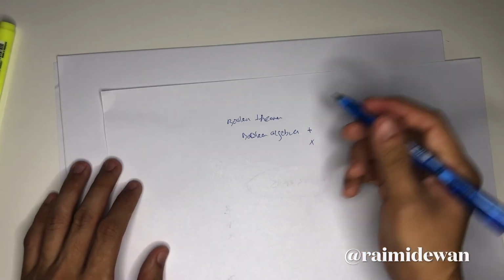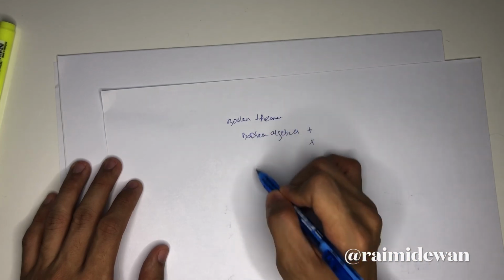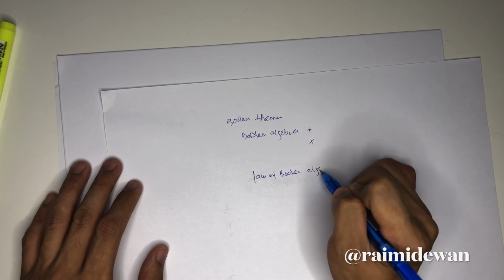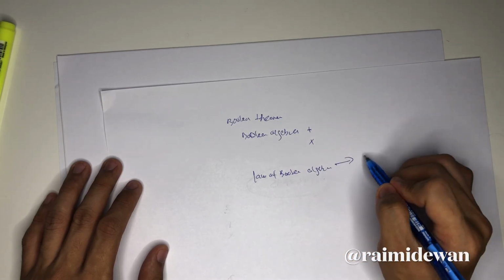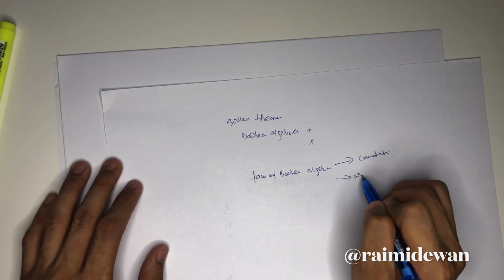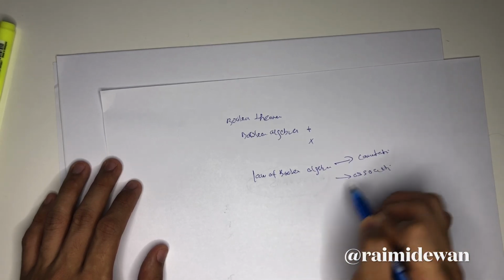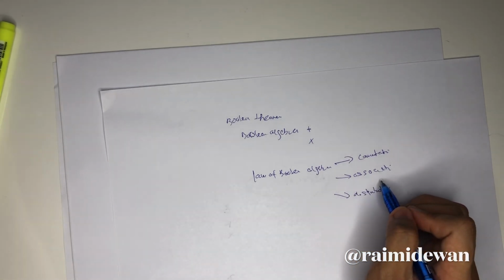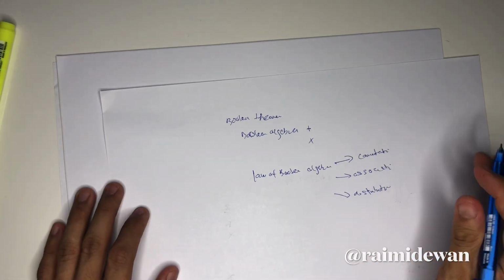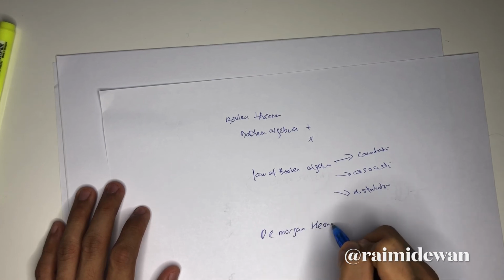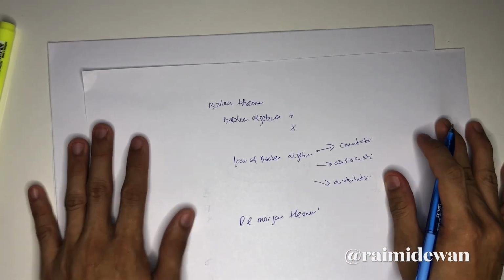We will study the laws of Boolean algebra, which are commutative, associative, and distributive. And finally we will learn about De Morgan's theorem. So see you guys and good day.